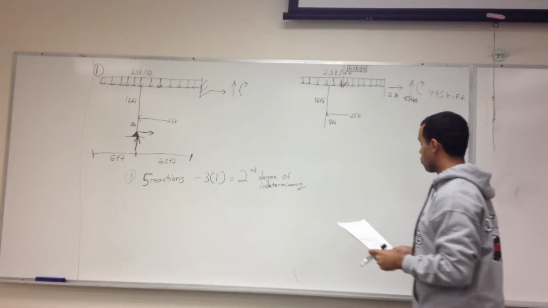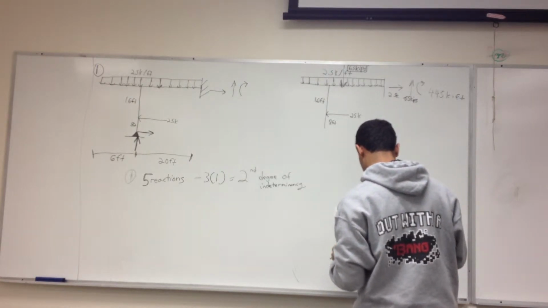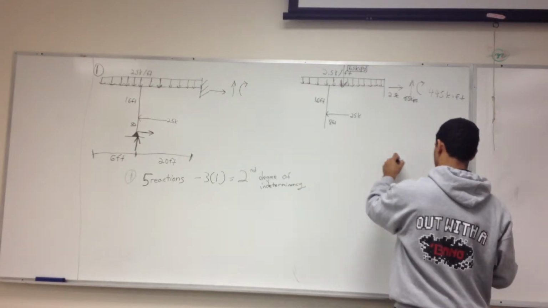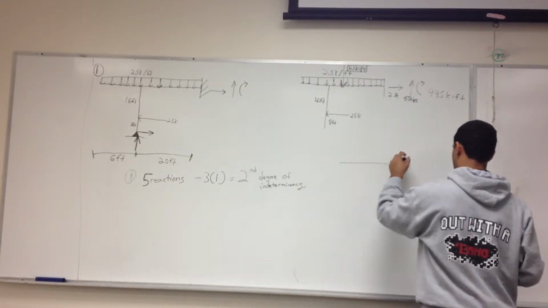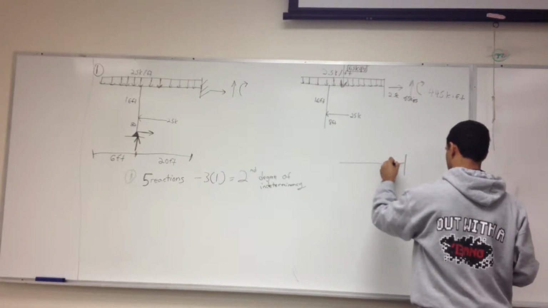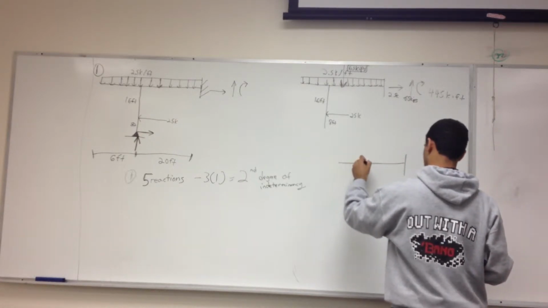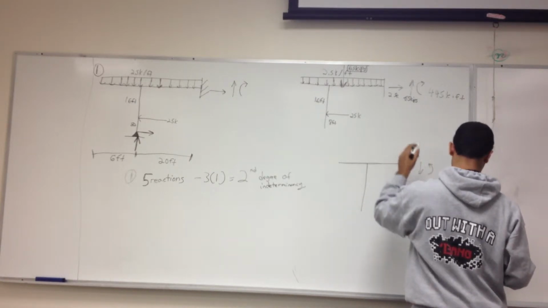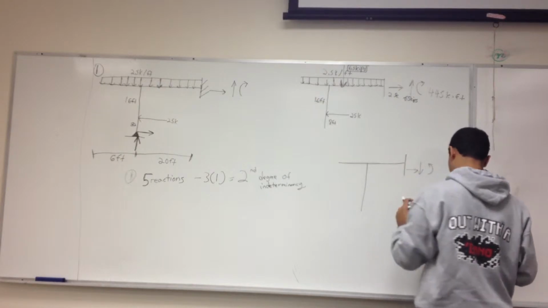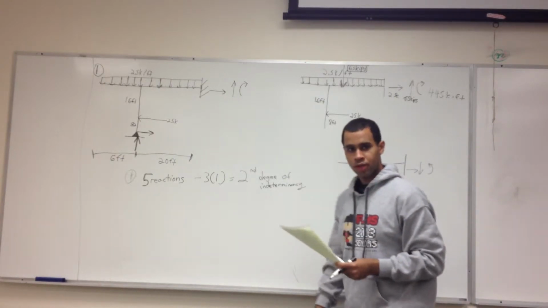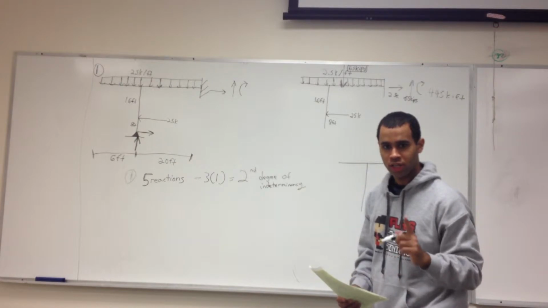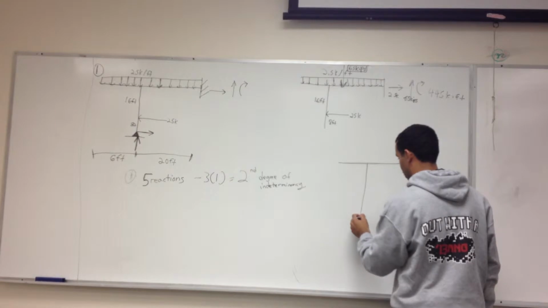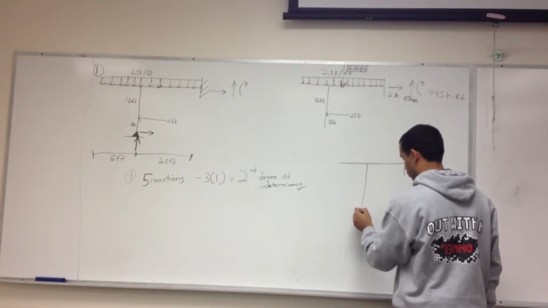Now, we move on to our unit frame. Once again, we write our fixed support, but this time we will have an imaginary 1 kip load acting vertically at the bottom of the frame.